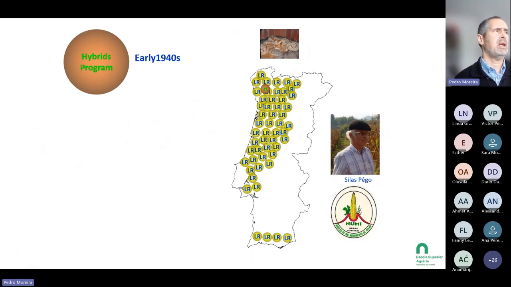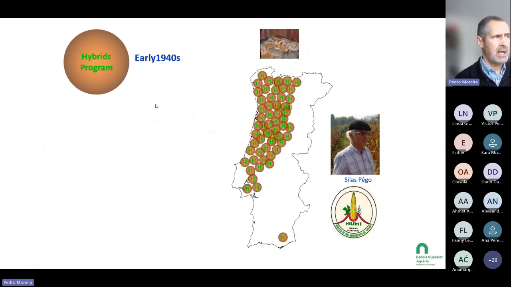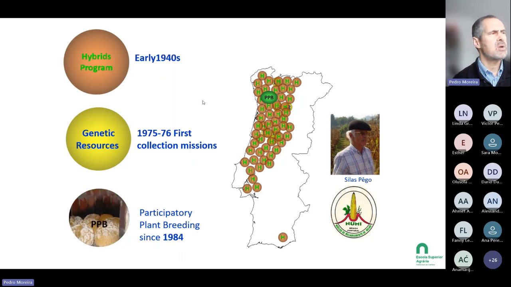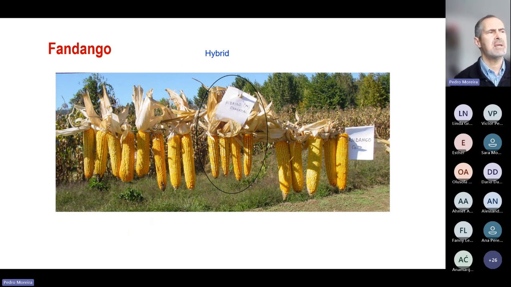Starting from the beginning, I've already mentioned this slide in previous presentations, but what I wanted to stress is that this synthetic was done in the breeding station. There was a hybrids program ongoing, and the idea was, why not use the best inbred lines that we have in our station.